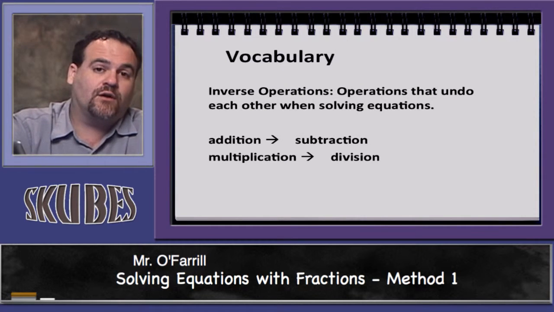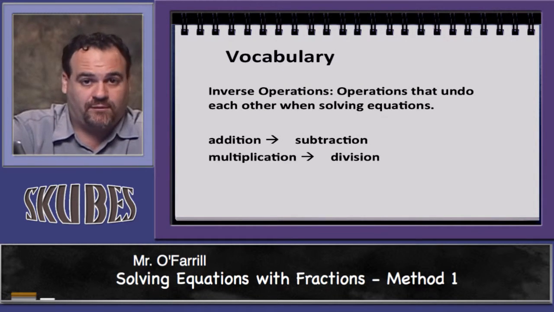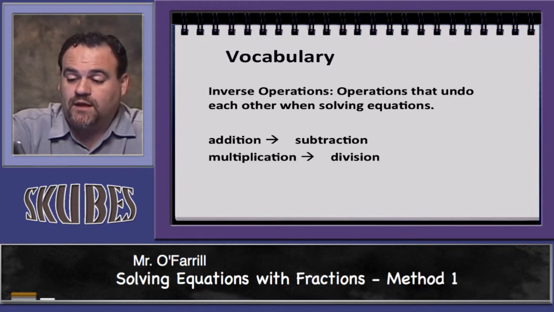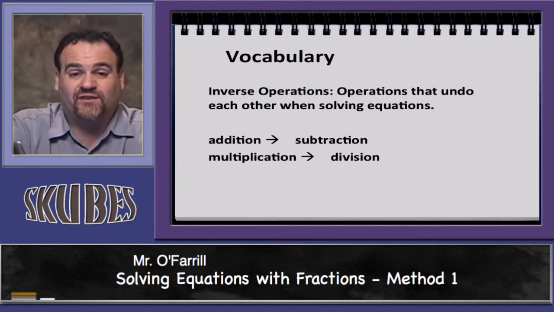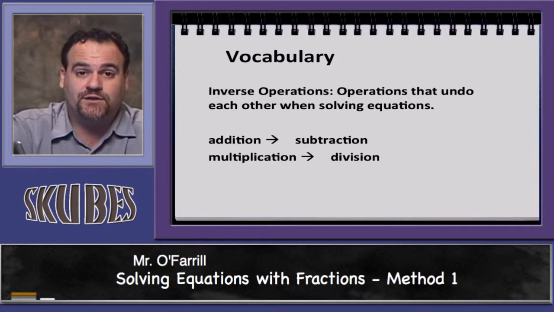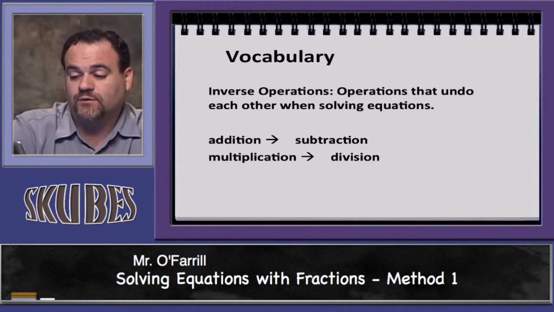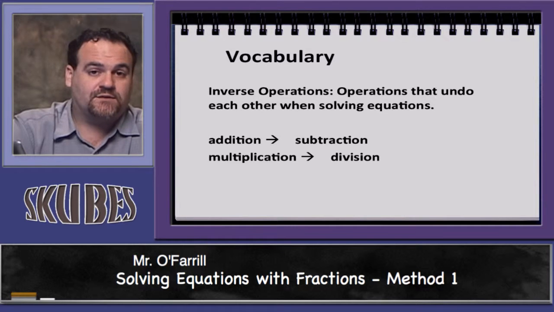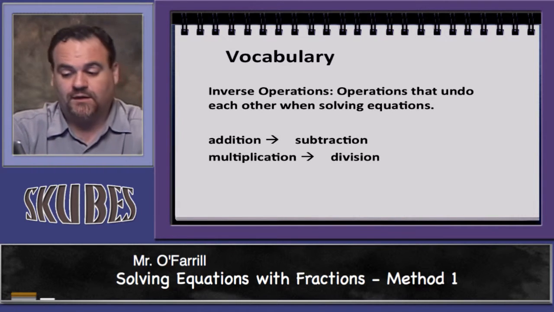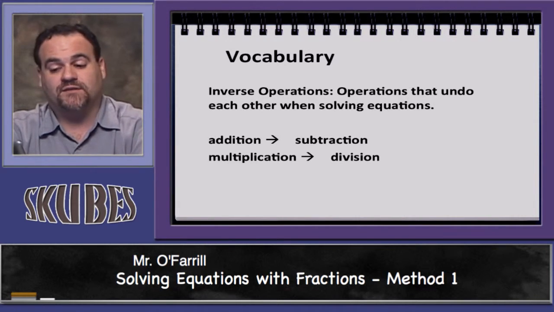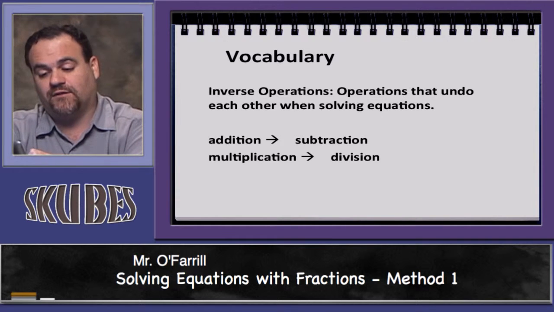Now, the first thing we're going to go over is some basic vocabulary. Inverse operations. It's key to solving any algebraic equation. That's operations that undo each other when solving equations. And as I've talked about in a prior video, addition, its opposite is subtraction, and it goes back the other way as well.